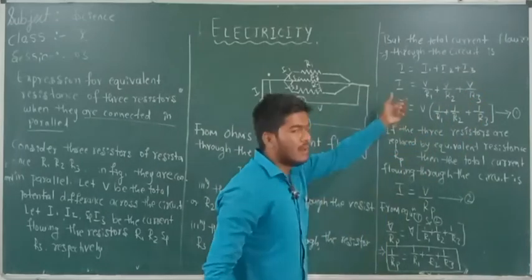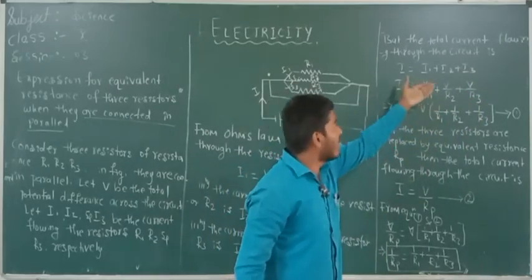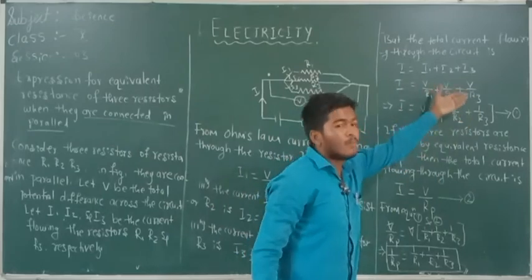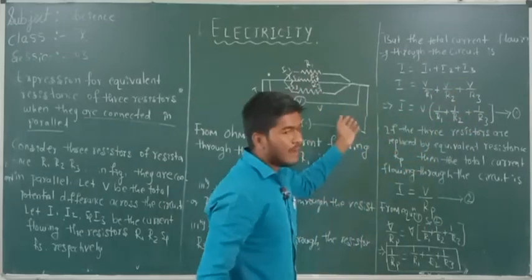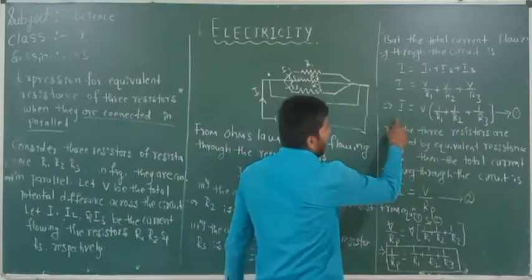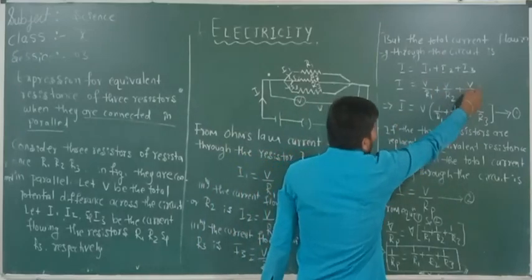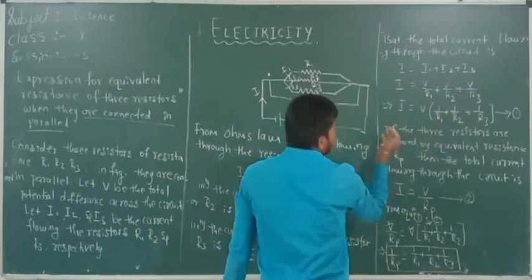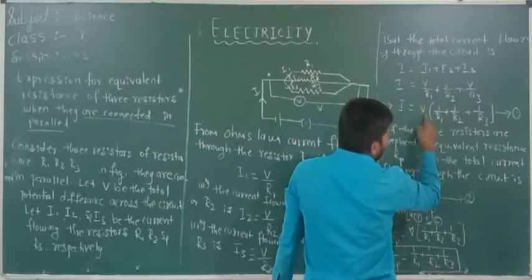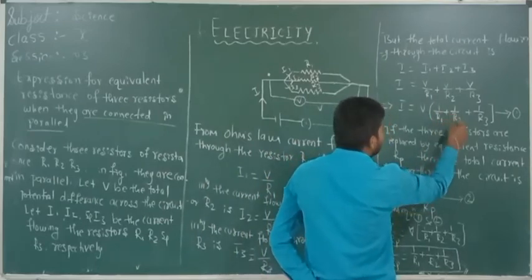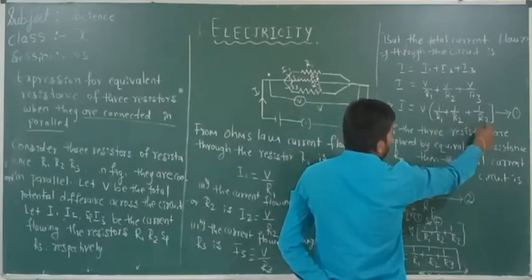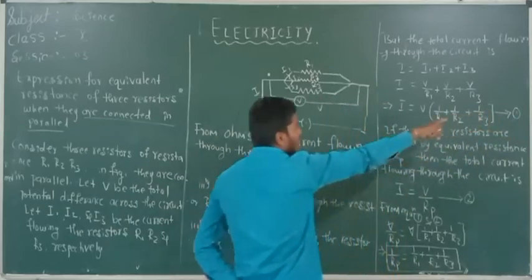That is, I is equal to V divided by R1 plus V divided by R2 plus V divided by R3. It implies I is equal to V into 1 divided by R1 plus 1 divided by R2 plus 1 divided by R3, since V is the common factor and can be taken outside. Take this as equation number 1.